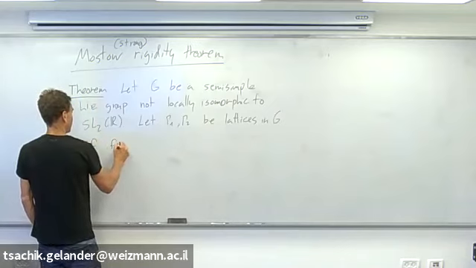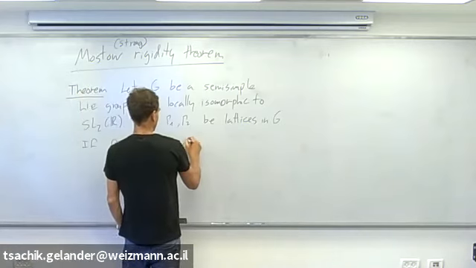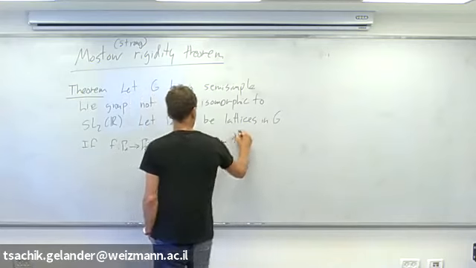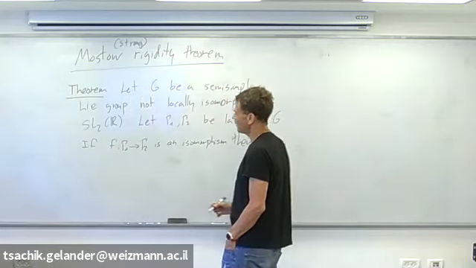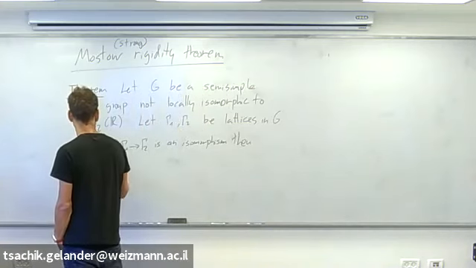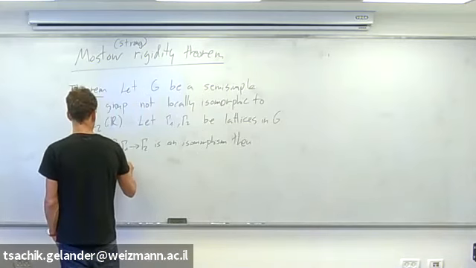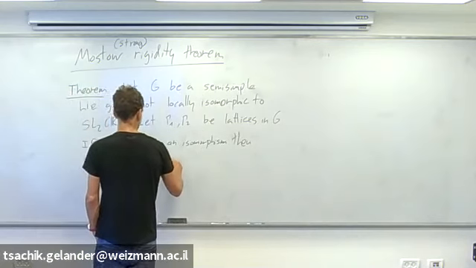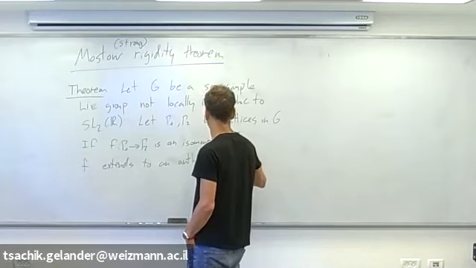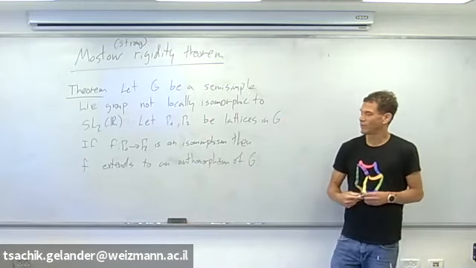If F from gamma 1 to gamma 2 is an isomorphism, then F extends, or F is a restriction of an automorphism of G.